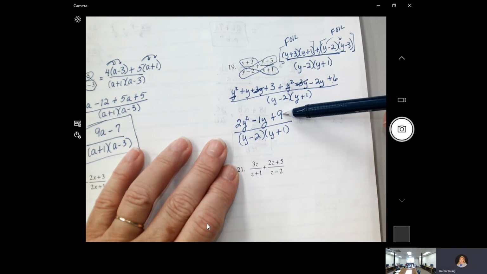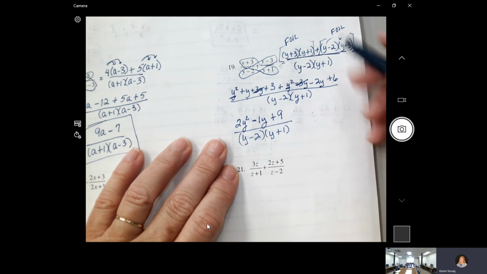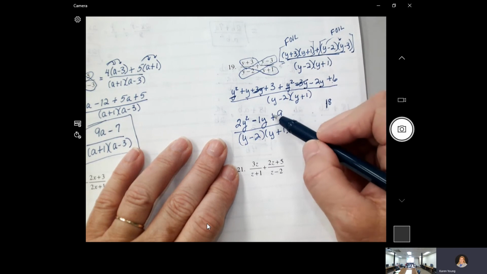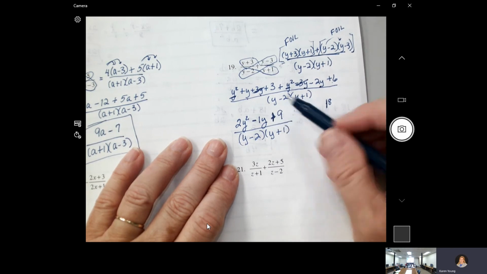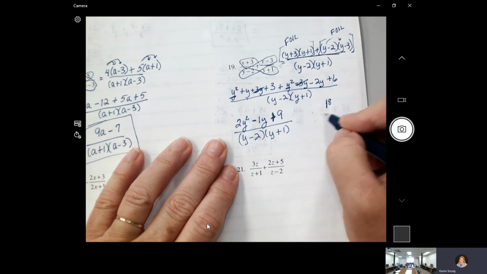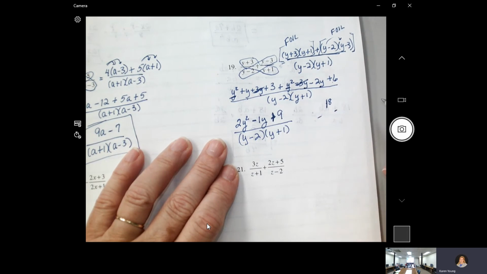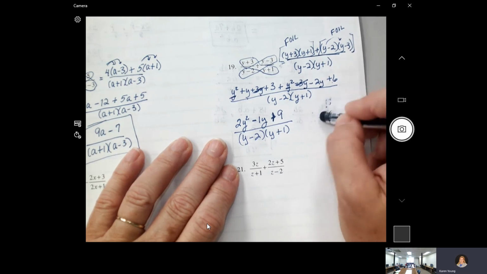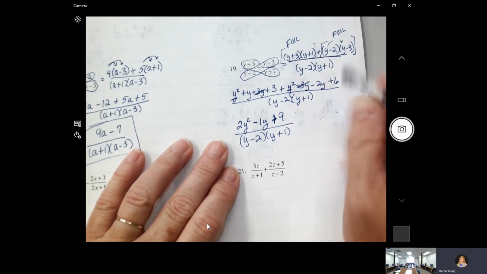To get a negative 1, I can't think of any factors of 18 that are going to give me negative 1. It's a positive 9 and a negative 1, so both my factors would have to be negative, and I don't have two negative factors that give me 18. So it's not factorable, so we're going to leave it just like it is.